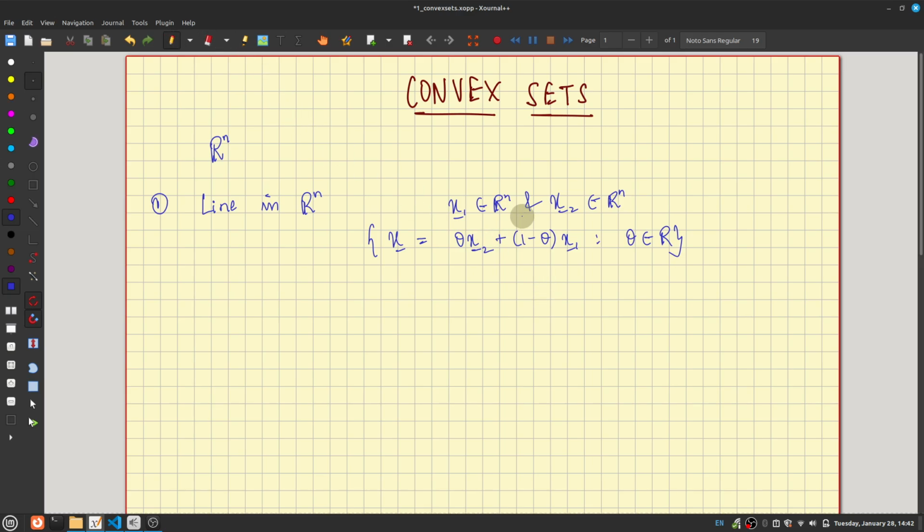It's sometimes helpful to write this in the following form. It's the same thing. So theta x2 plus (1 minus theta) x1 can be written as x1 plus theta times (x2 minus x1), right? You can view this line as having a base x1, and x2 minus x1 can be viewed as a direction.